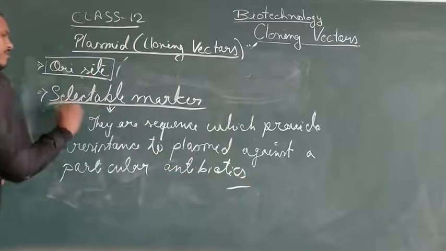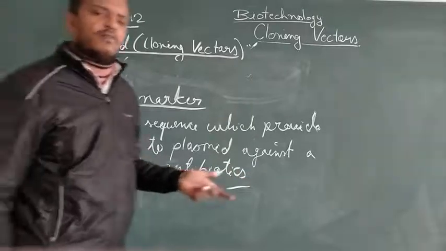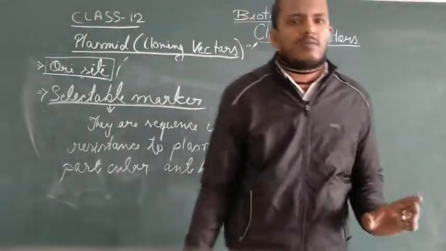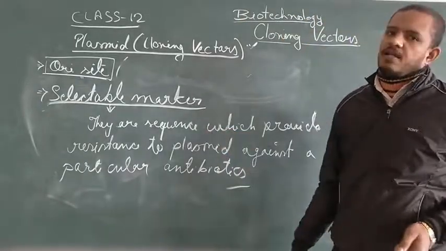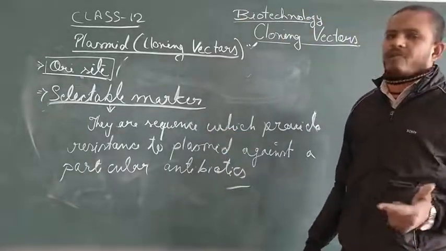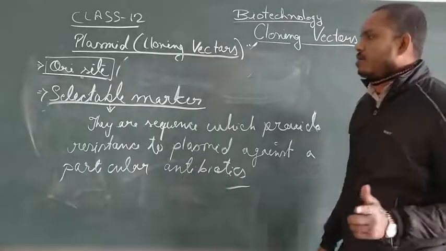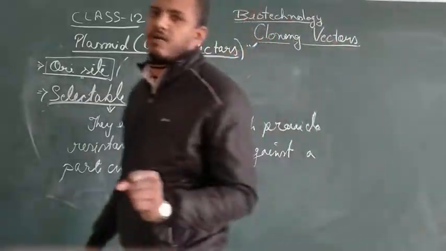Now see, there can be more than one selectable marker in a particular vector. In the vectors you can get more than one selectable marker, and I told you that they provide resistance against a particular antibiotic.